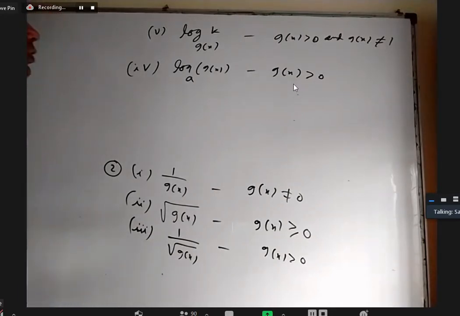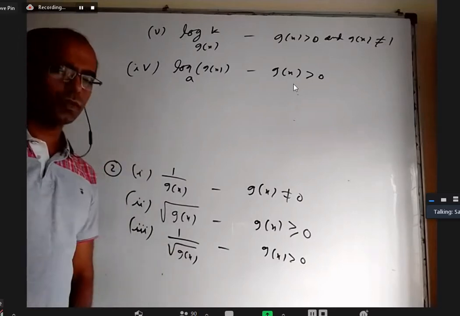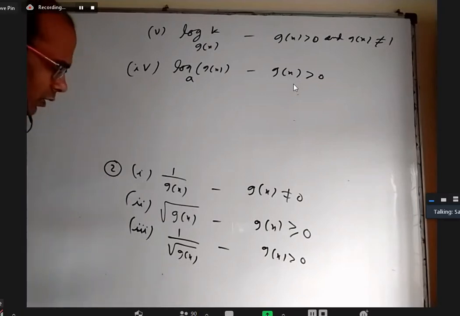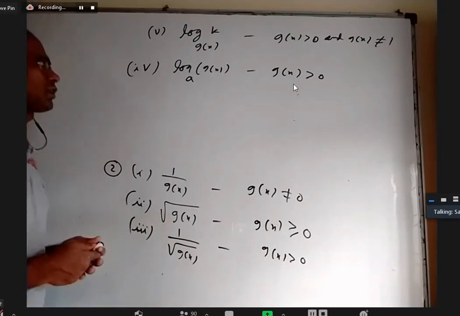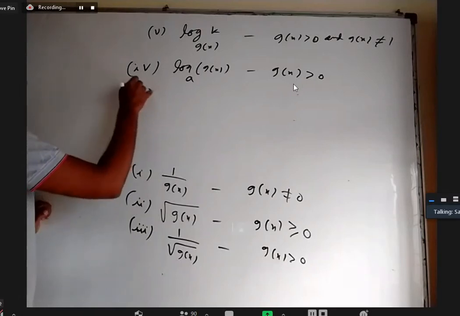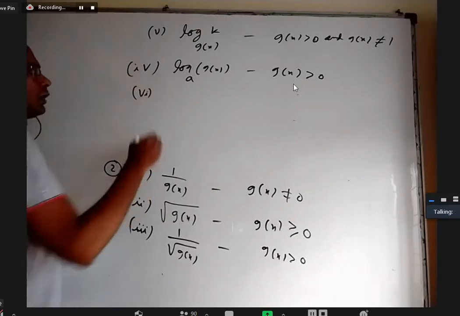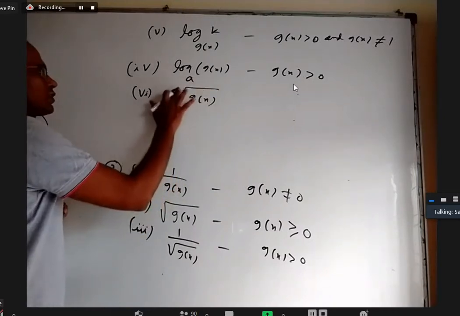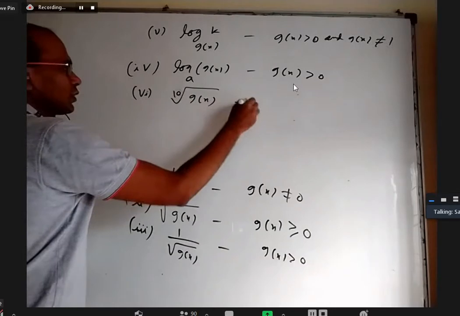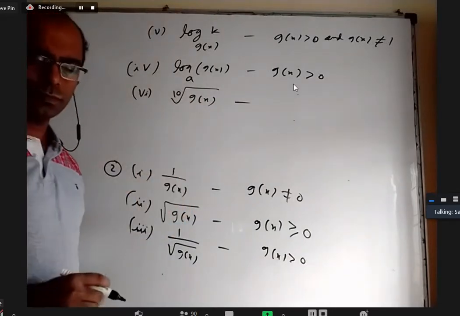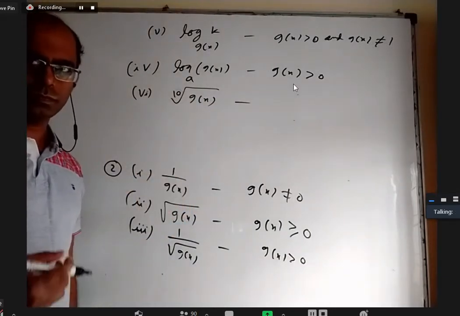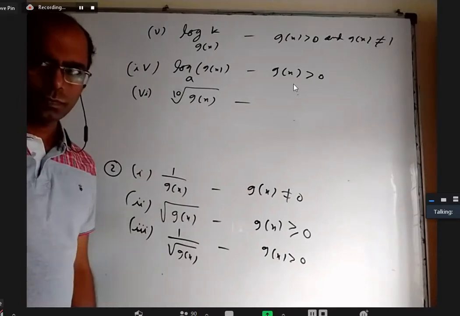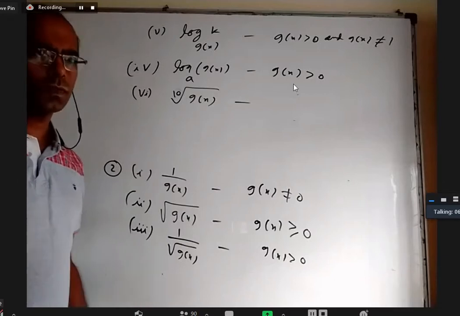Okay. So that's all. These are some standard points for when the function is defined and when the function is not defined. When I talk about a root, square root of g of x, maybe I should mention this also. Let us take the sixth one. If I take the fourth root of g of x, or sixth root, or 10th root of g of x, what should I take? g of x is greater than or equal to 0.